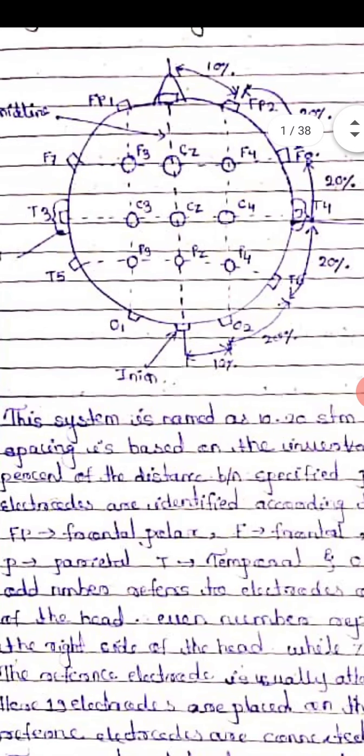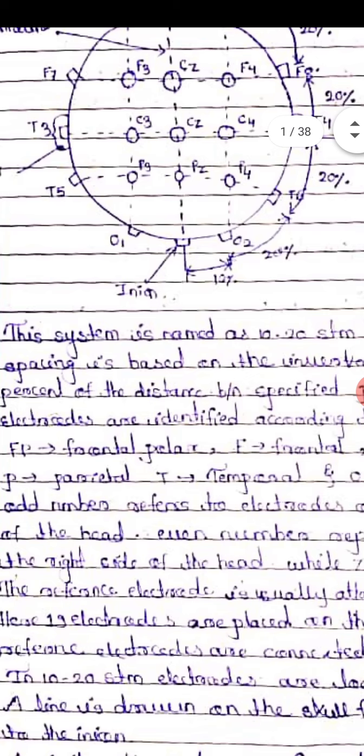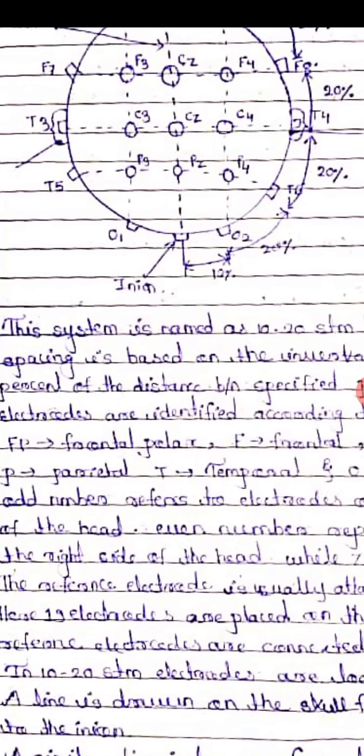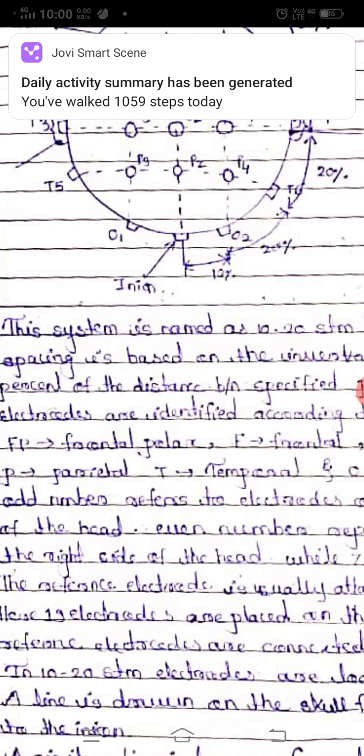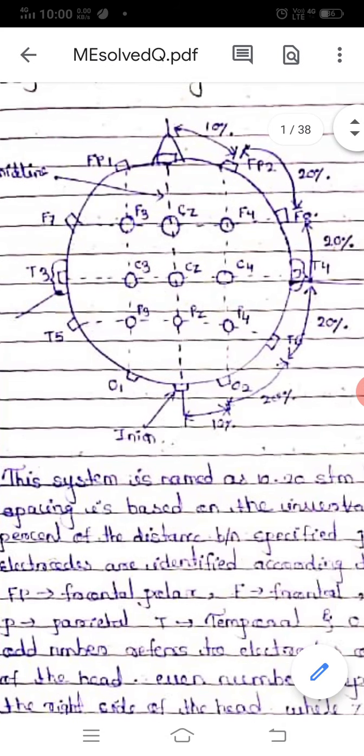Where you connect the earlobes, those are T3 and T4. The next 20% distance gives T5 and T6. And the last one, O, at the 10% distance, gives O1 and O2, with A1 and A2 at the ears. Like this you have to give the notation for these points.